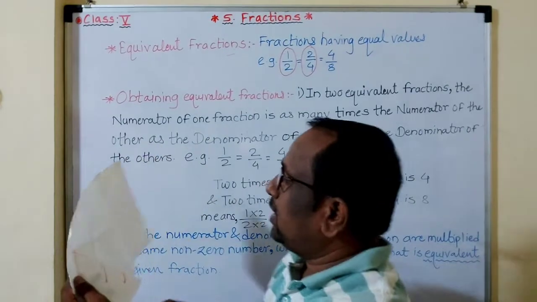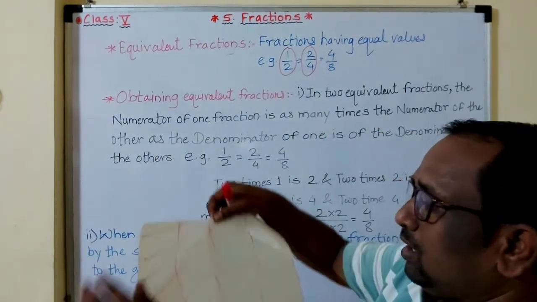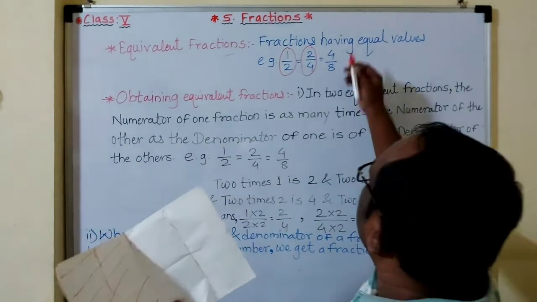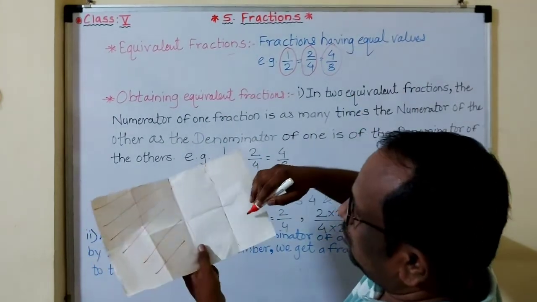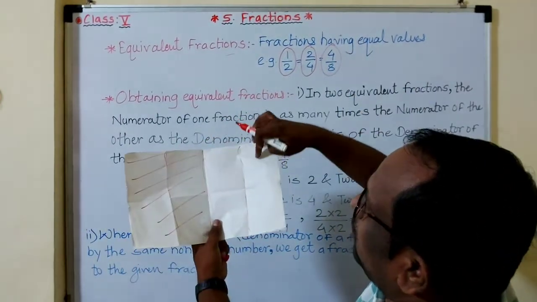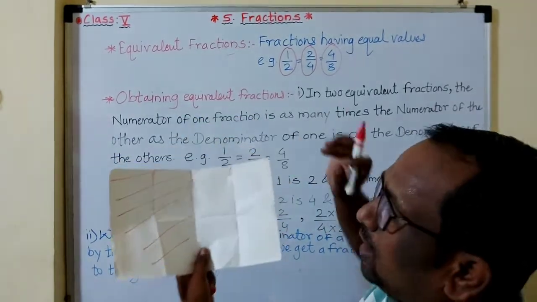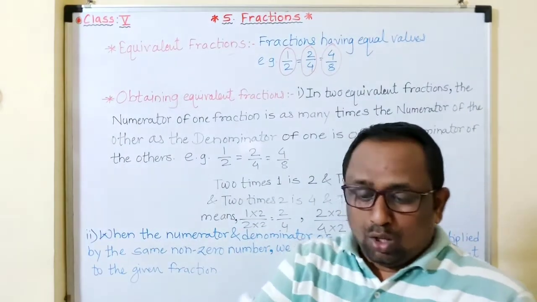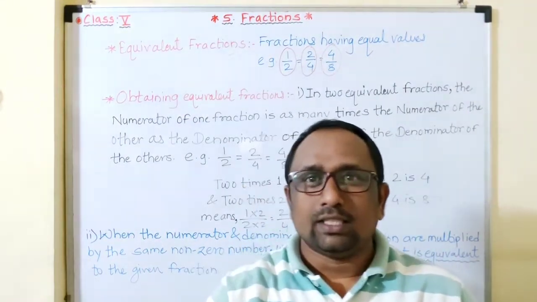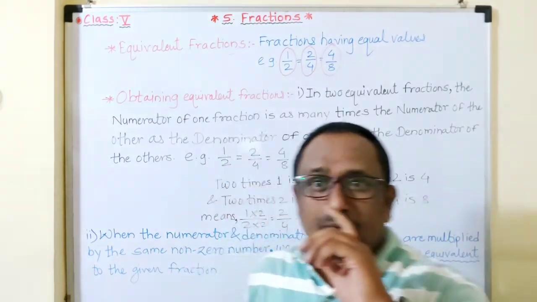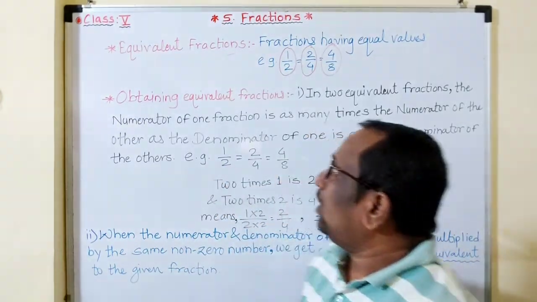So 8 parts, and if I shade 1 2 3 4, then we get the fraction 4 upon 8, because out of 8 parts, 4 are shaded. Okay, so this is the example of fraction. Now you understood fraction.